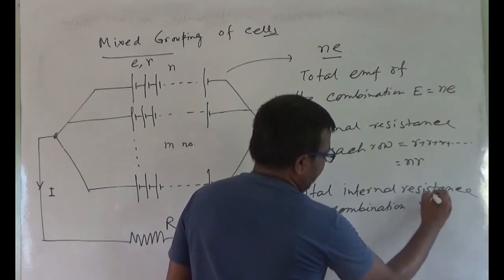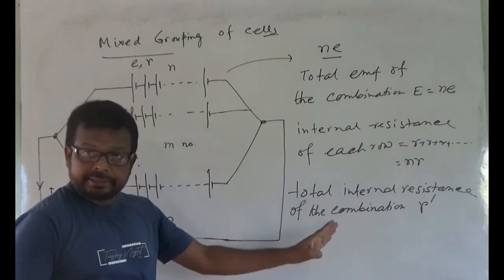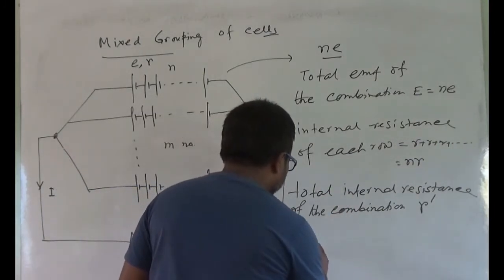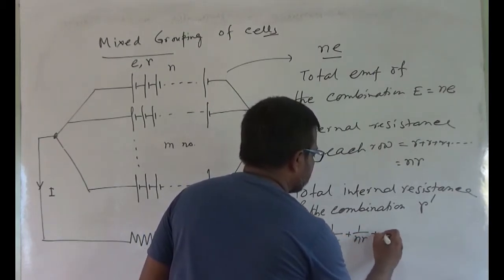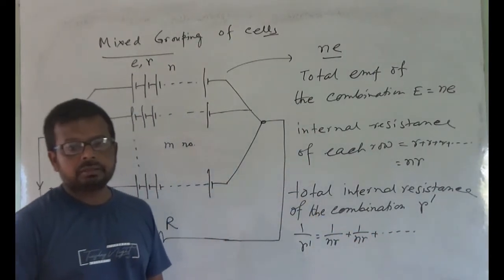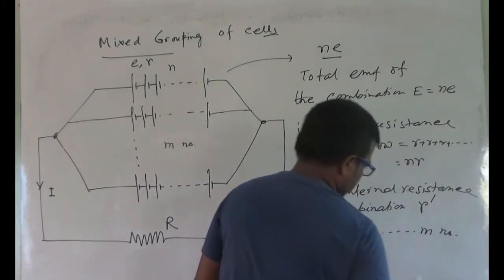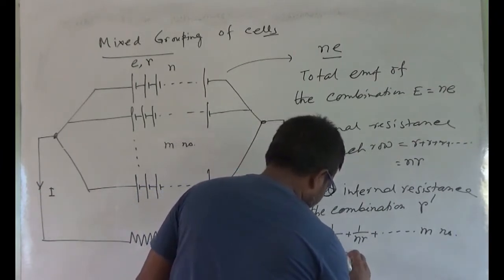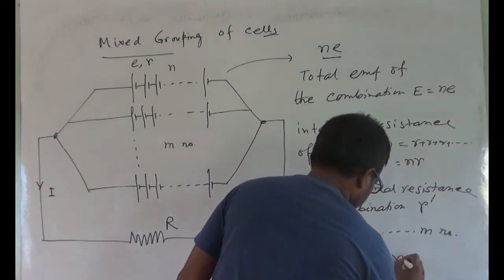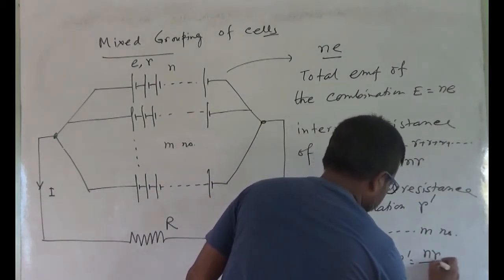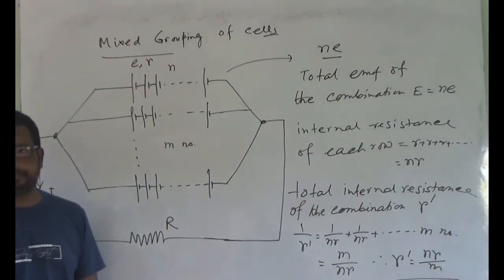If R dash is the total internal resistance of the combination, then we can write 1 by R dash is equal to 1 by nr plus 1 by nr plus dot dot dot, m number of times. That means we can write m by nr. Therefore, R dash is equal to nr by m. This is the total internal resistance of the combination.